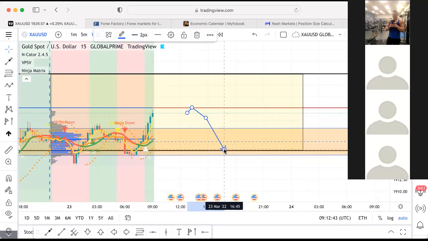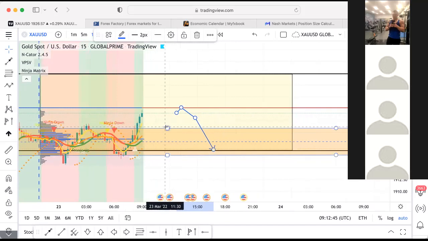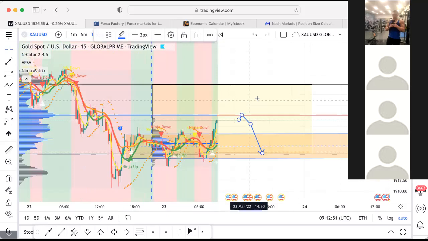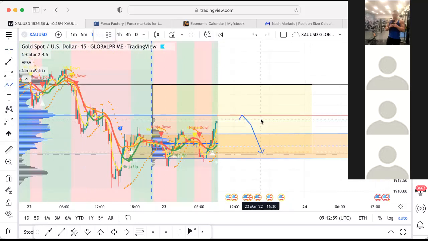That's option one. Option two is that price will go up and continue on its journey upwards. It could well come back and retest, and then head upwards.